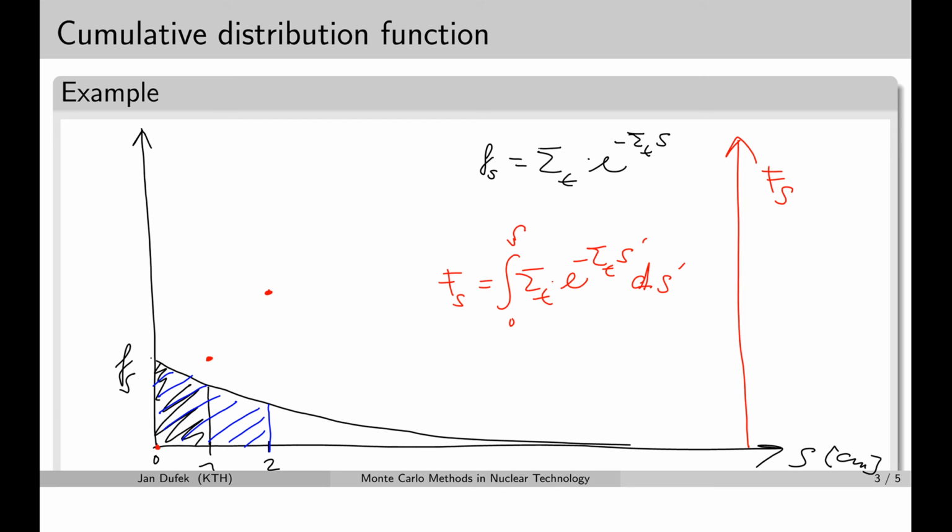Now this integral is very simple to calculate analytically. The result is 1 minus the exponential function with the exponent minus sigma t s, and it looks like this, right? The maximum value is 1.